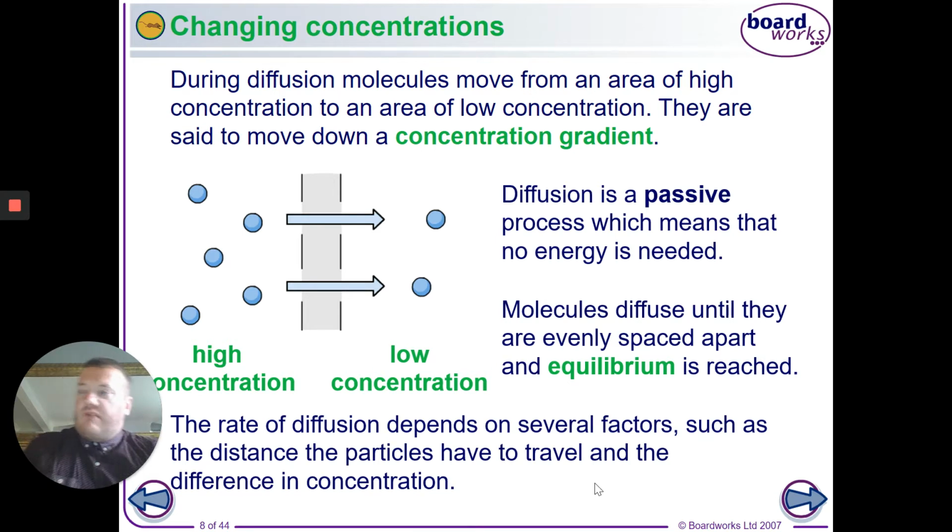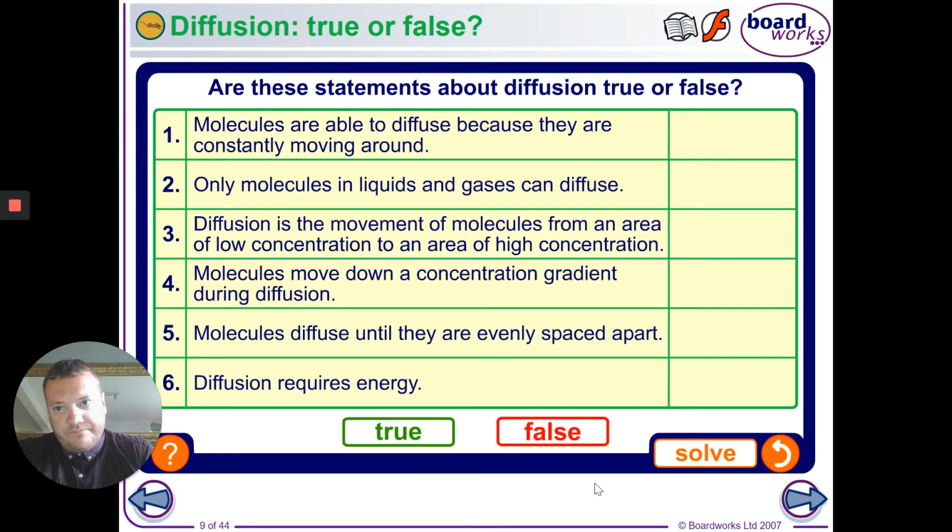So, for example, if I spray some aftershave in one corner of the lab, the people who were sat near where I sprayed it would smell that aftershave first, and the people who were sat on the other side of the lab would smell that aftershave later on. Or in some cases, they might not smell it at all, and that's simply because it's got to diffuse over a further distance to get to the people who are on the other side of the lab, as compared to the people who were sat near to where I would have sprayed the aftershave. So diffusion happens more quickly over a shorter distance.